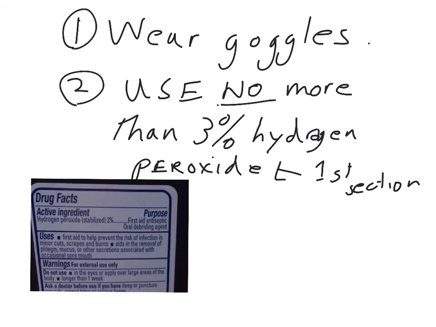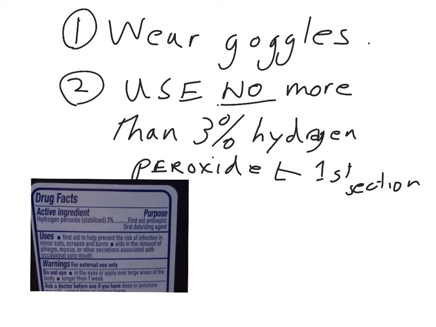If you turn it over and look at your label, you'll see hydrogen peroxide 3%. Do not use more than 3%. You'll find places online telling you to go to beauty salons and whatnot. Do not use more than 3%. It gets very dangerous when you use more than 3%.